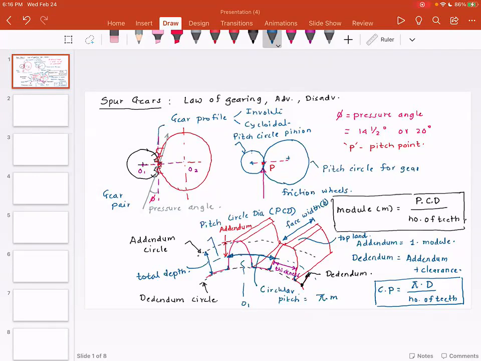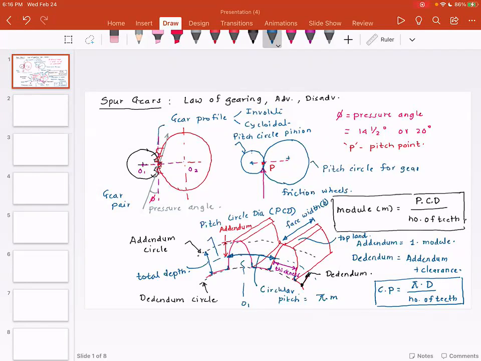So which means if you apply the loading, the gear tooth should not fail. At the same time, the gear should be able to sustain the wear and tear that is occurring at the contact points. So basically, it should resist the surface forces and surface stresses that will cause that gear to wear out prematurely.